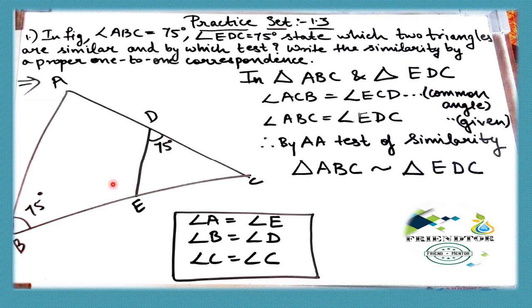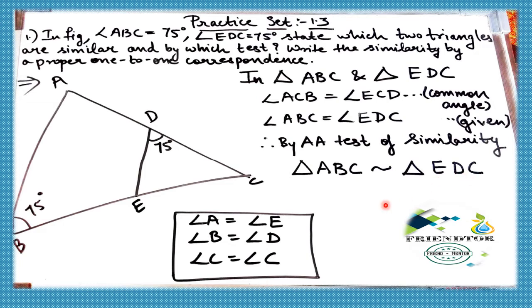Just the names will be different, because when talking about the larger triangle we name it ACB, and when you talk about the smaller triangle we name the angle as ECD. Next, angle ABC is equal to angle EDC. That is given in the question itself. Both are 75 degrees. Now by AA test of similarity we can say triangle ABC is similar to triangle EDC.